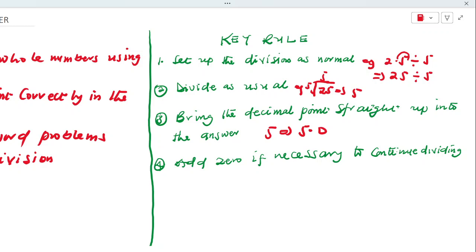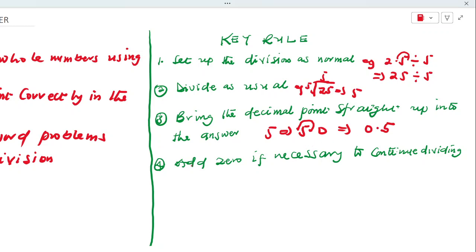You bring it back one time because it is one decimal place. So this gives us 0.5. I hope that is clear. We have 0.5 as our answer here.